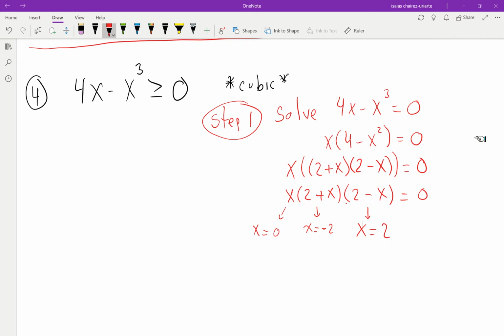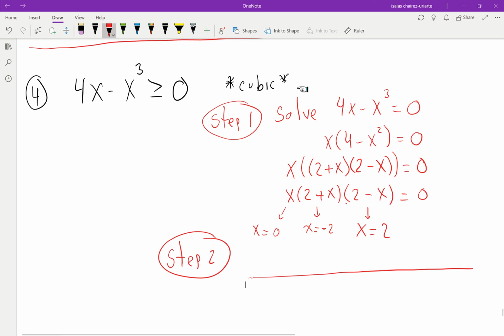Okay, and now I've got to continue. I'm at step 2. I've got to plot these points on a number line. Right now I'm dealing with a less than or equal inequality, or bigger than or equal inequality, so I'm going to use solid dots.